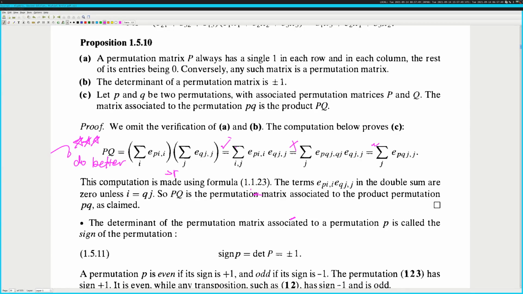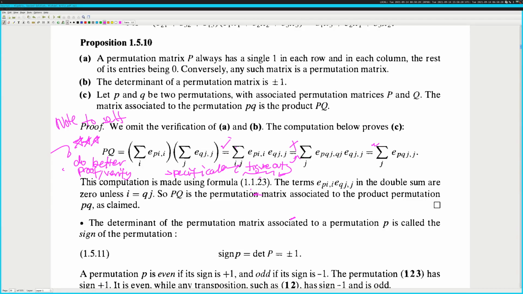Specifically, figure out this and this step. Okay. That's a note to myself. Note to self. Do better proof, or verify.